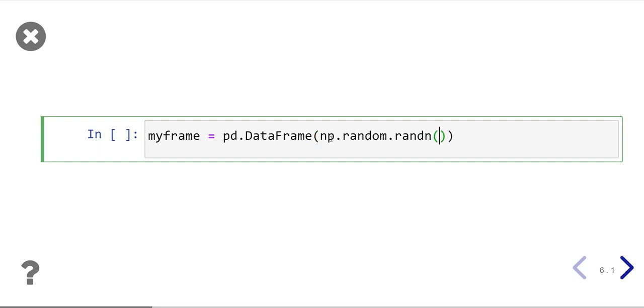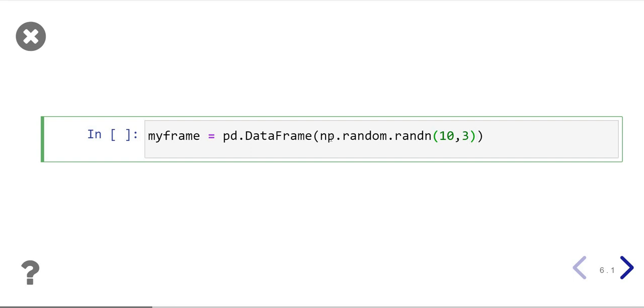Now this one requires two inputs. Which one comes first? The number of rows and also columns.